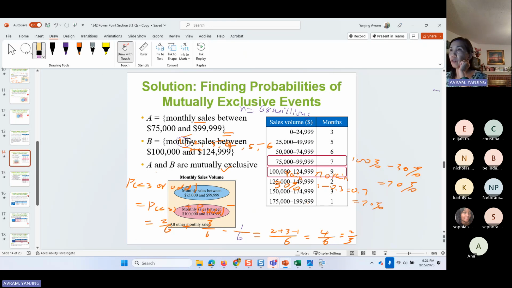Okay, I have to figure out this one right here. Why this one doesn't let me erase?